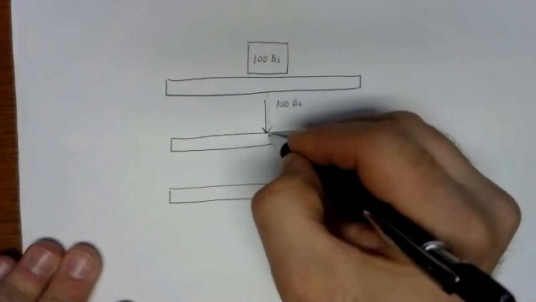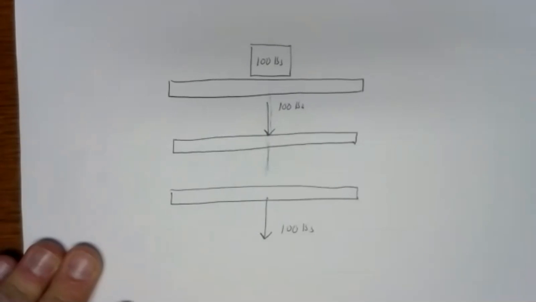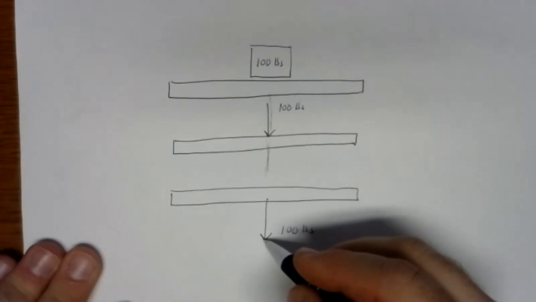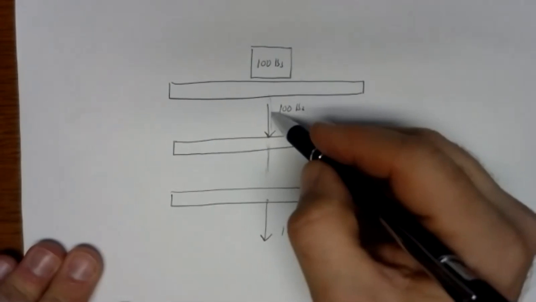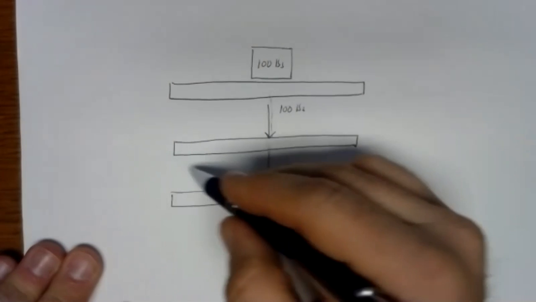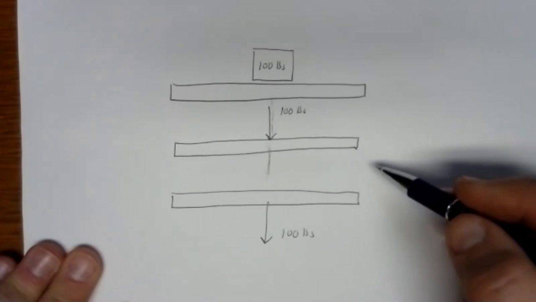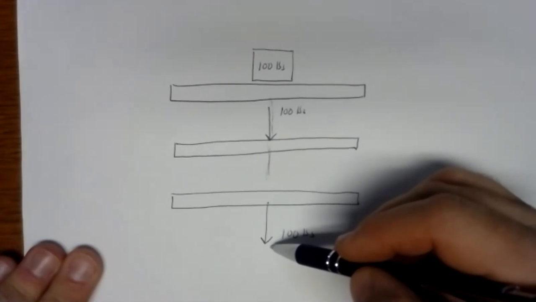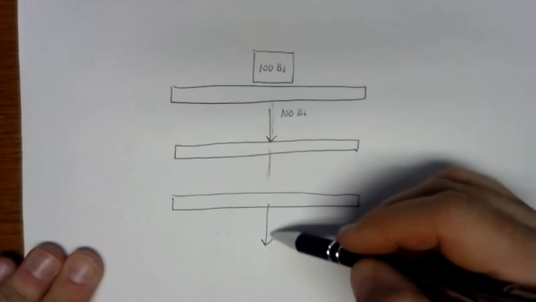What I've done is I've moved the force along its line of action. So I could draw this as a pull down with 100 pounds of force or a push down of 100 pounds of force. Nothing would change inside the beam. The beam doesn't care whether it's pushed on or pulled on in this case.